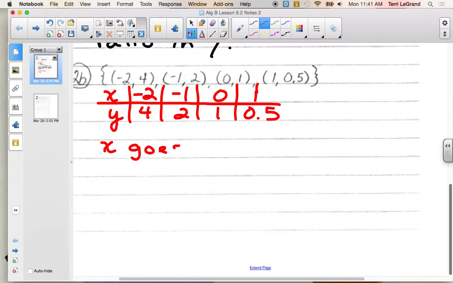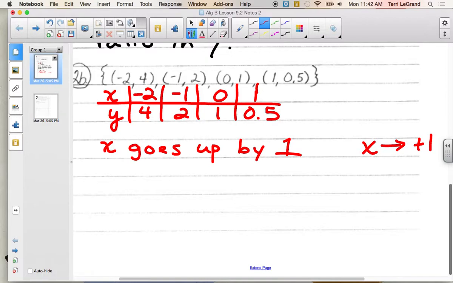X goes up by 1. Always our first thing we check. Can you just write X equals plus 1? X isn't really equal plus 1, but that would be a way to shortcut it.